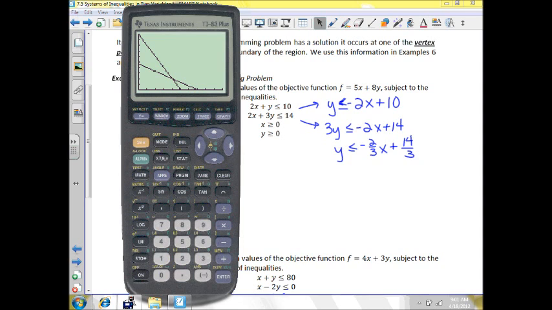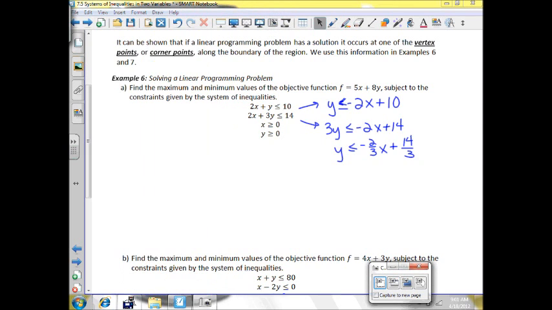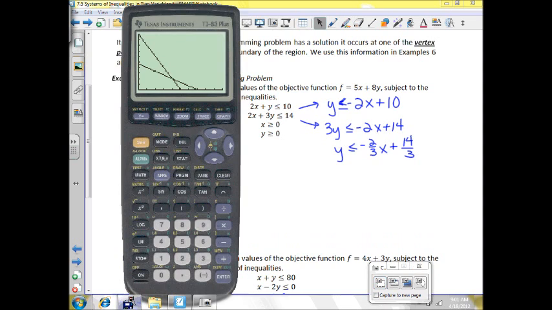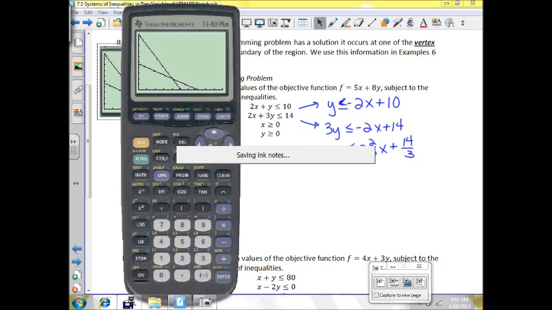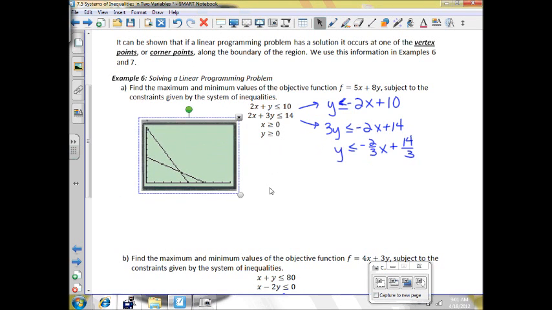Now, what we need to do is find our corner points. Our region will look like this. I'll take a picture of it so we can draw on it. So the region that we're talking about here is right here.